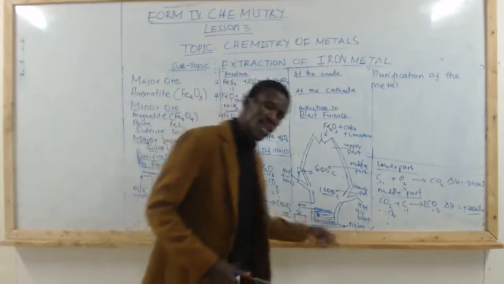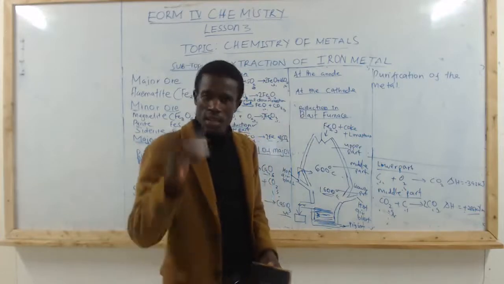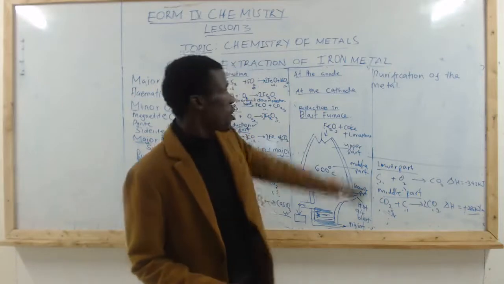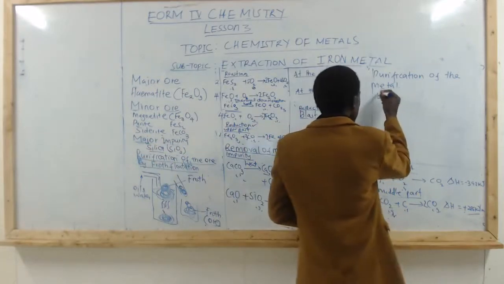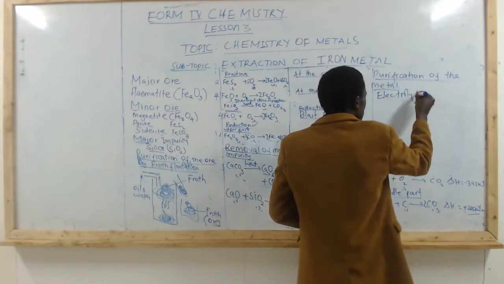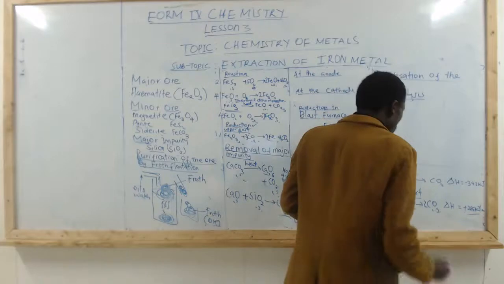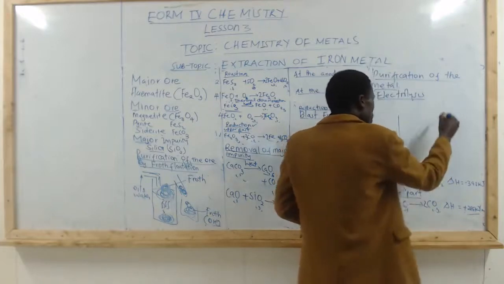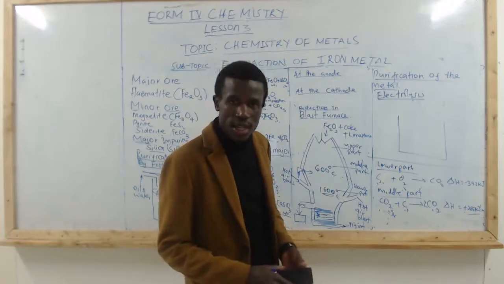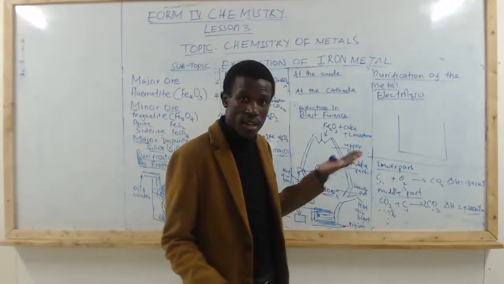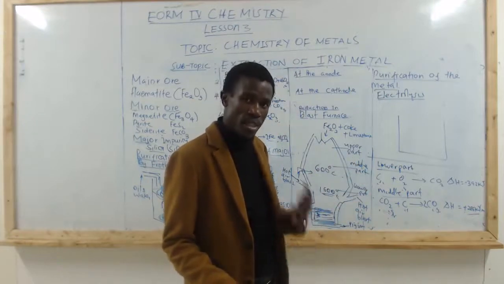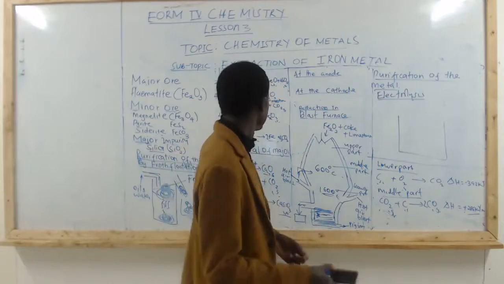Now, we have obtained the pig iron. It is impure. How can it be purified? Through a process known as electrolysis. As I had explained during the extraction process of lead, the same thing applies. Only that in this case we are purifying iron, but the same process is followed.